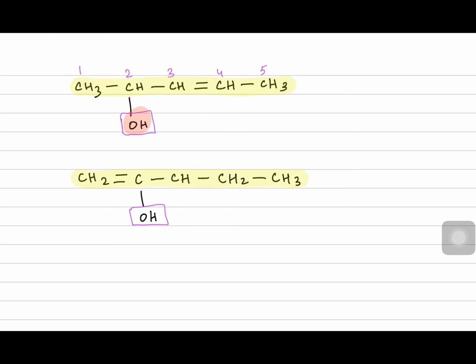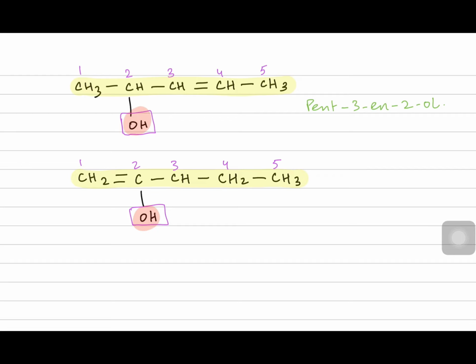In the second structure, again we number it from the left side, as in 1, 2, 3, 4, 5. When you name them, you realize that both are pentanols, but you will call them pentenol because of the carbon-carbon double bond. So the first one is pent-3-ene-2-ol, because the carbon-carbon double bond is at position 3 and the alcohol is at position 2.